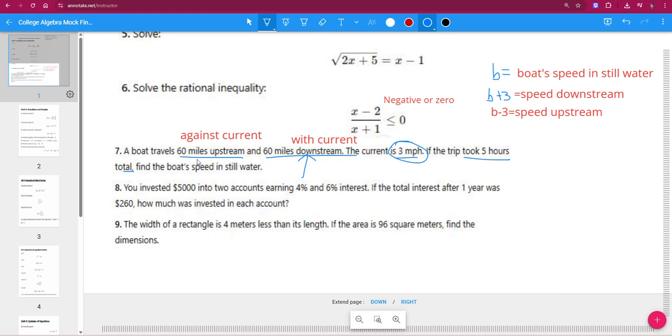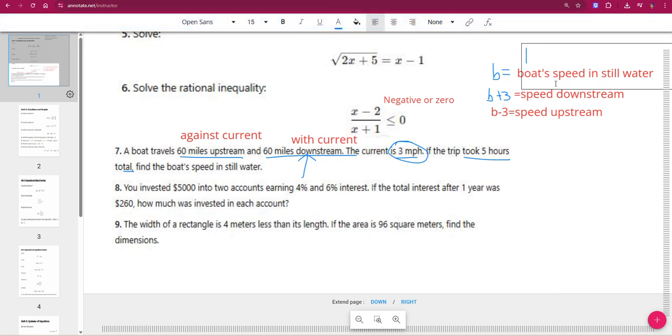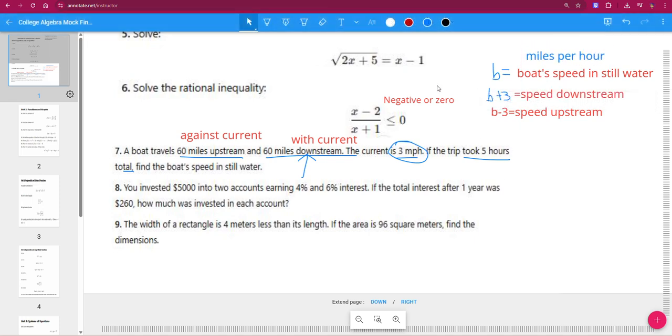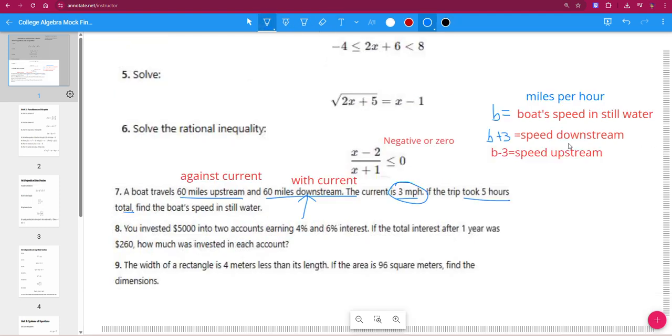Now, if you go 60 miles upstream and 60 miles downstream. Because remember, speed is in miles per hour. So if I have miles per hour and I want time, I end up needing to use this right here.